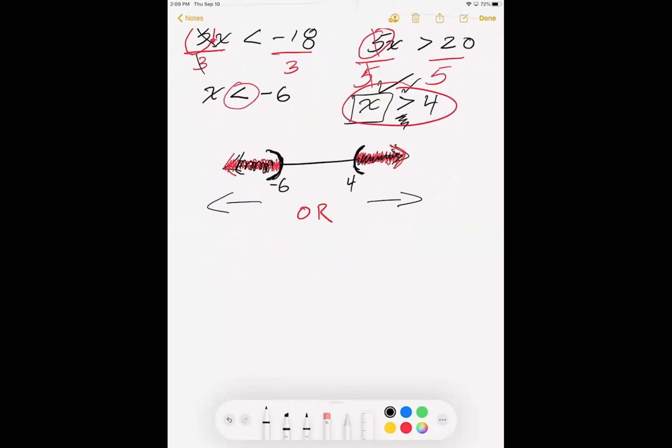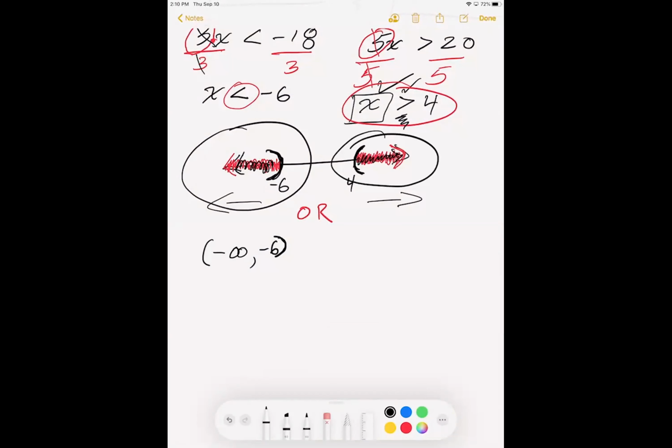To write your interval notation, just take this item. Do you agree that on my graph I have this item with the 6? If it goes to the left, reminder, where do we start? We need to start at -infinity and go all the way to 6. And if we take this item down, we start at 4 and go into +infinity.